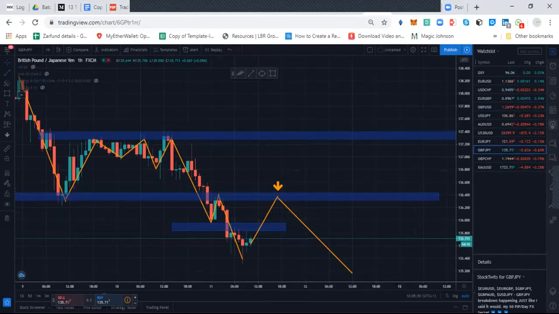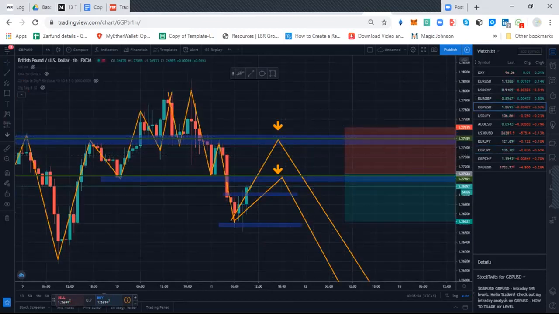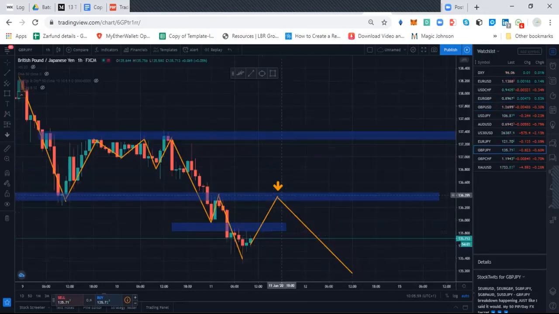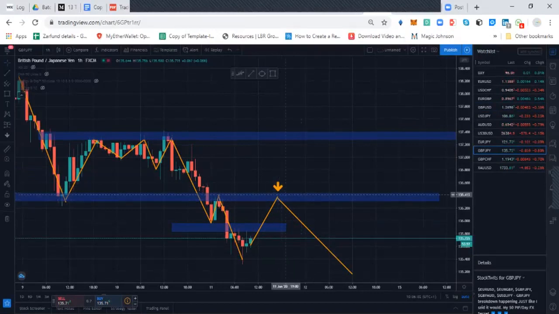So if we see GBP USD come to this point, I can tell you that JPY also will come to this point. This is where I will personally be looking to trade GBP JPY.